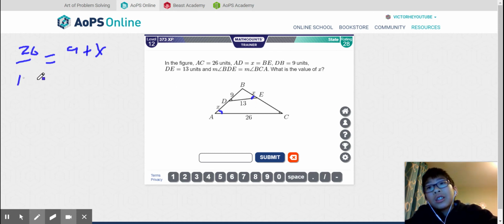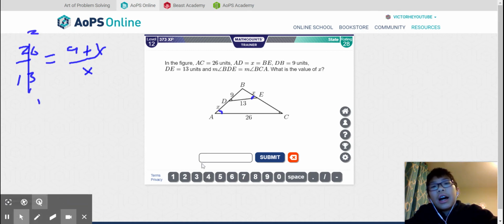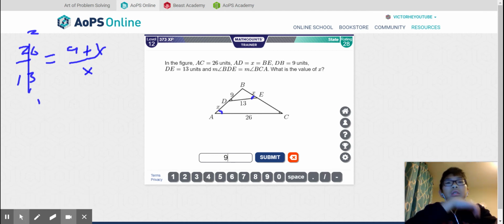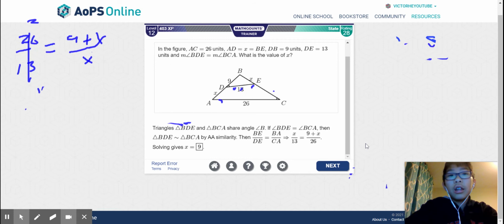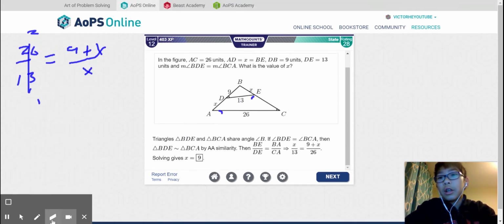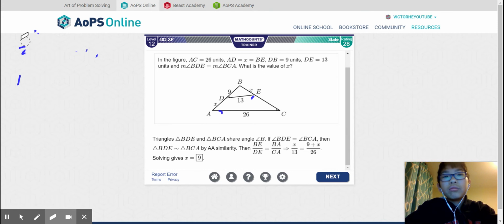So 26 to 13 is 9 plus x to x, and we can see that this is just 2 to 1. So that means x is 9, which is my answer. Wow, I was right. Okay, so it is similarity, by angle.